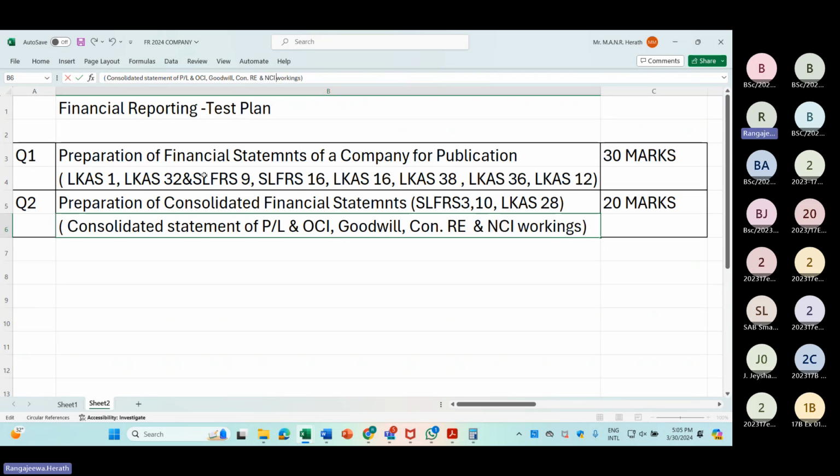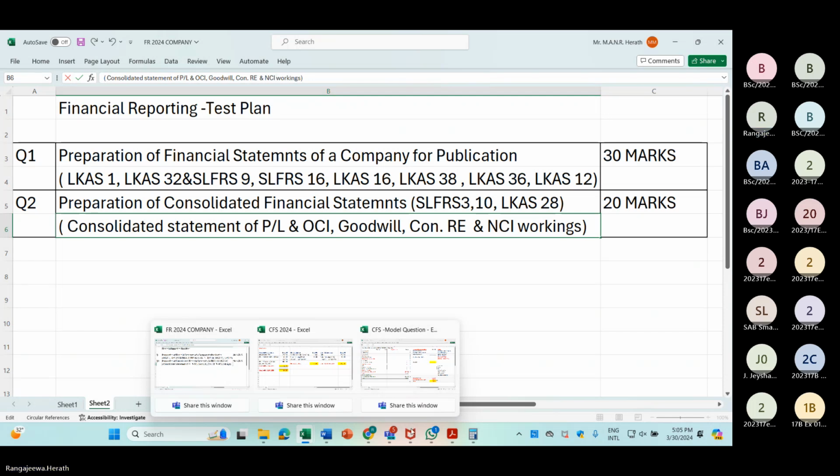Working applies to these three, right? Statement of profit or loss and OCI statement, and you need working of goodwill, consolidated retained earning and NCI. That is for 20 marks.